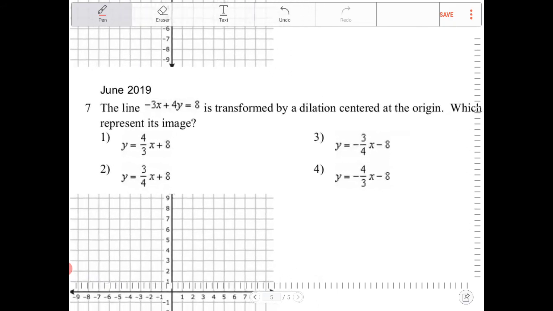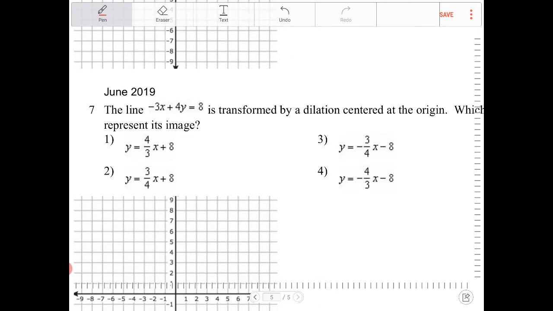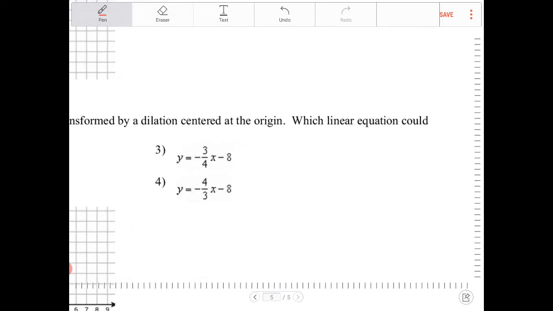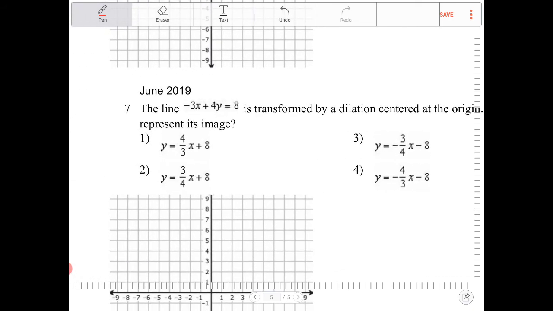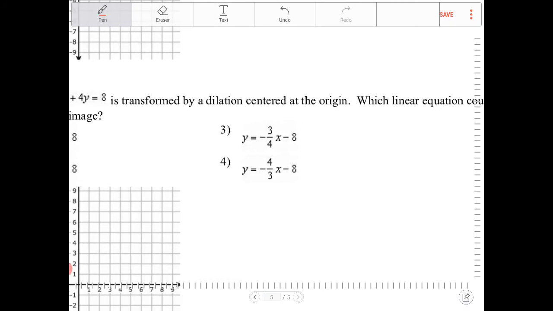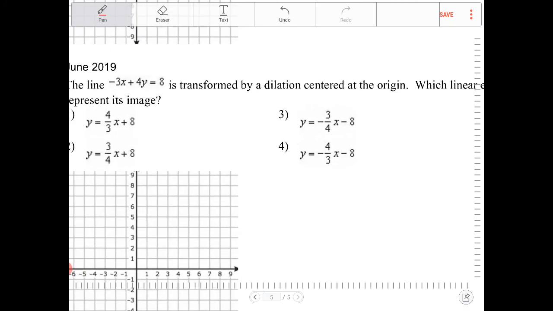The line -3x plus 4y is equal to 8 is transformed by a dilation centered at the origin. Which linear equation could represent its image? So the line -3x plus 4y, dilation at the origin. The scale factor is not stated.